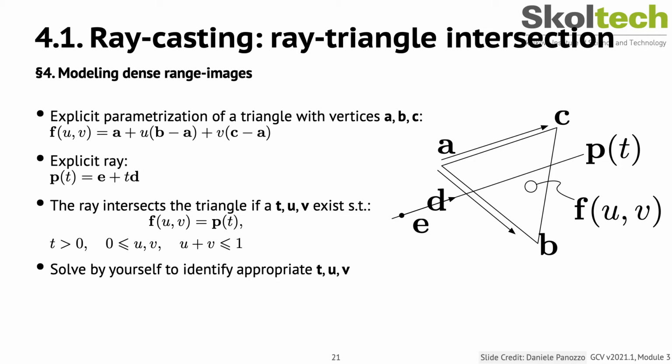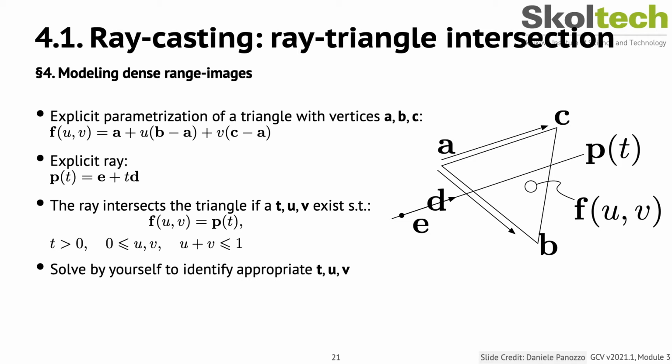It's parameterized by the normalized internal coordinates in the triangle, u and v. In the 3D space, the ray is parameterized explicitly as a point E, which is the origin of the ray, and then we add to it t times d, where t is a non-negative parameter, and d is the vector that determines the direction of the ray.